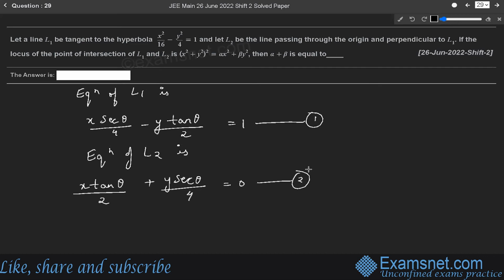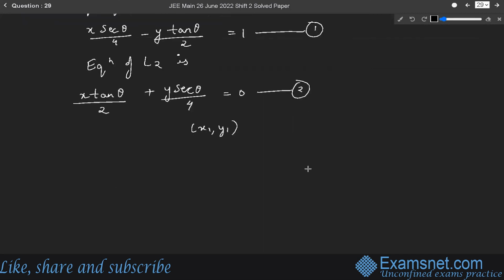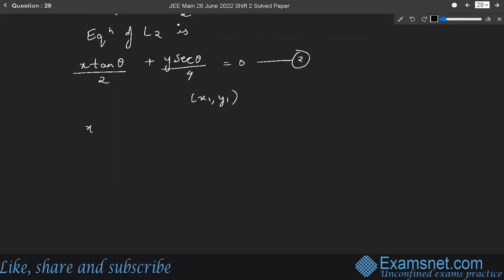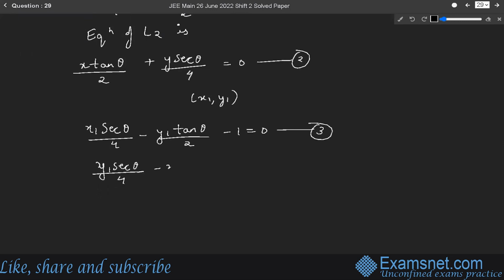Since we know that the required point of intersection of L1 and L2 is x1, y1, then the equation converts to x1 sec theta divided by 4 minus y1 tan theta divided by 2 minus 1 is equal to 0. Let this be equation number 3. And y1 sec theta divided by 4 plus x1 tan theta divided by 2 is equal to 0. Let this be equation number 4.